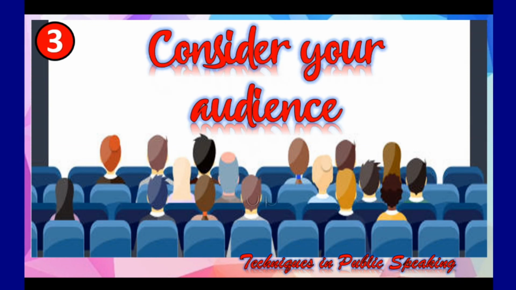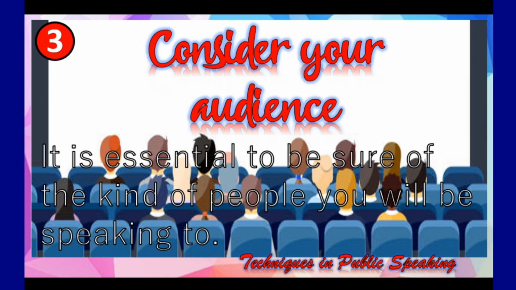Consider your audience. We cannot please everybody. It is essential to be sure of the kind of people you are speaking to. Of course, there are professionals and different large groups of people that you are going to speak to. And it is important that you consider your audience.